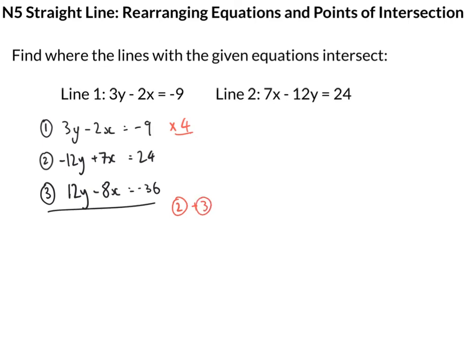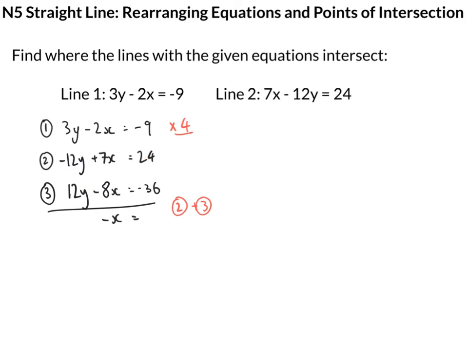And what that will give me, negative 12 plus 12. That's what we call a zero pair in maths. These two things will add together to give me nothing, to give me no y's. 7 add negative 8 will give me negative 1, so negative x equals 24 add negative 36.